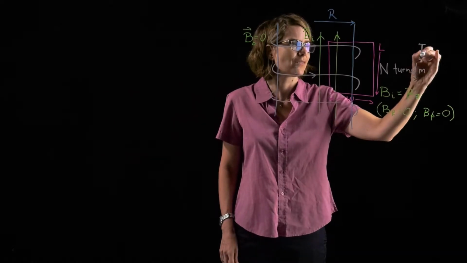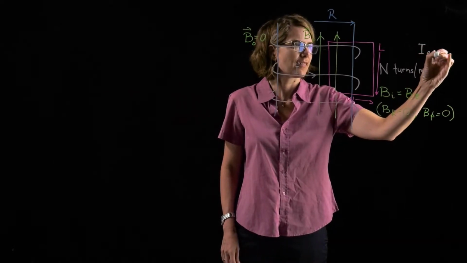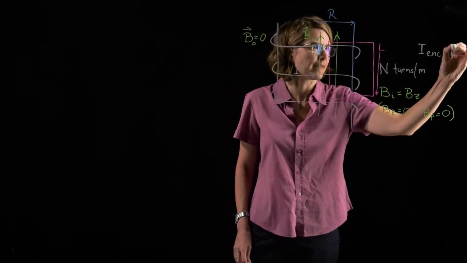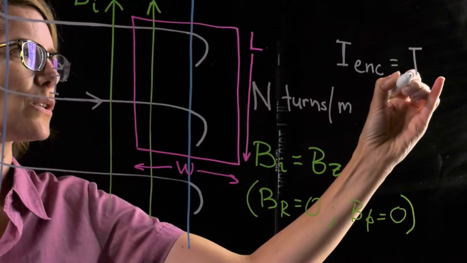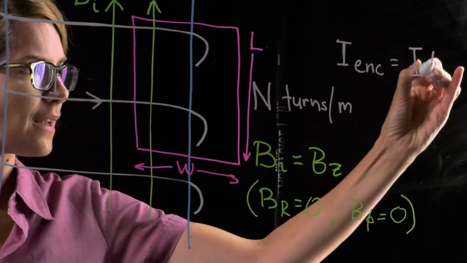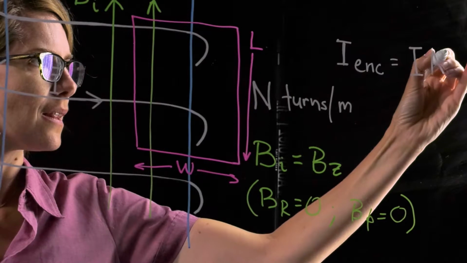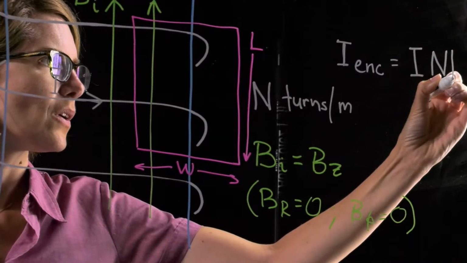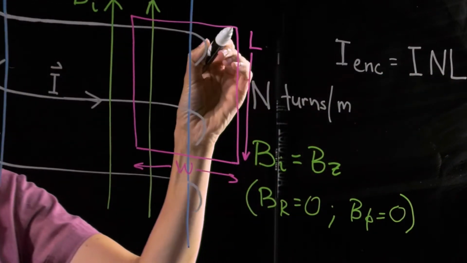Our current enclosed is equal to the current times the number of wires that go through the Amperian loop of length L.